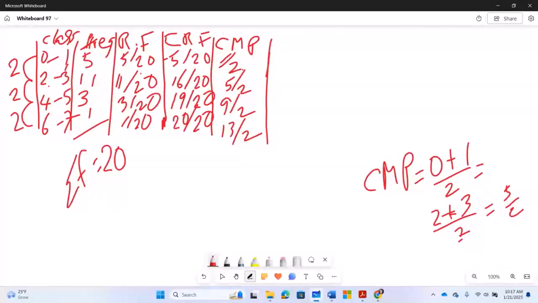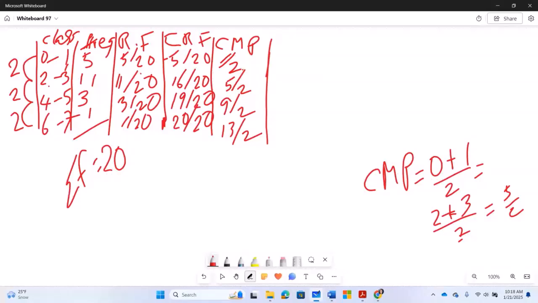After you finish, you have created the classes. From the classes, you check the data you are given, and from there, you create the frequencies. When you finish creating the frequencies, you find the total frequency. Make sure that the total frequency is equal to the count of the data given to you.